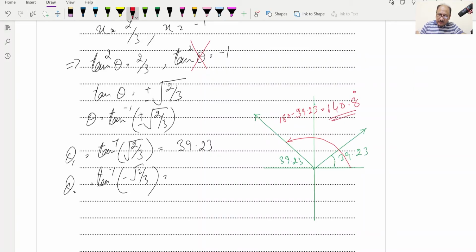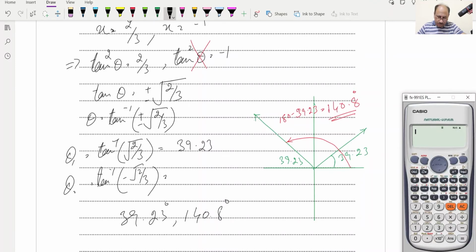140.8 degrees. So our answer will be 39.23 and 140.8 degrees. And if we check tan inverse of minus, so shift tan of minus square root of fraction 2 over 3, this will be minus 39.